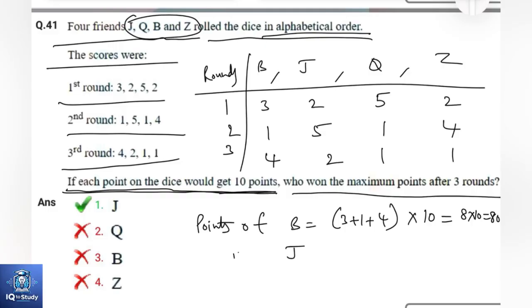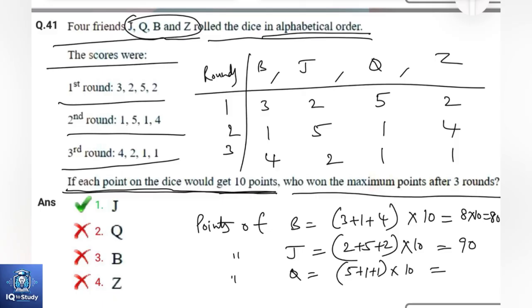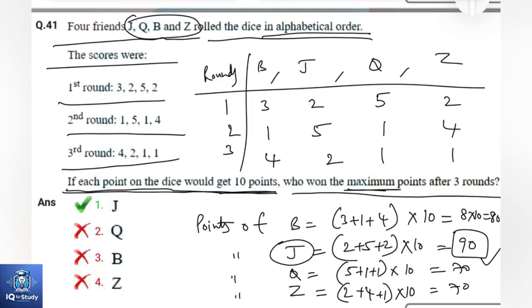For J it is equal to 2 plus 5 plus 2 into 10, which is 90, and for Q it is 5 plus 1 plus 1 into 10, which is 70, and for Z it is 2 plus 4 plus 1 into 10, which is 70. From these four values, 90 is the maximum. So it is for J.